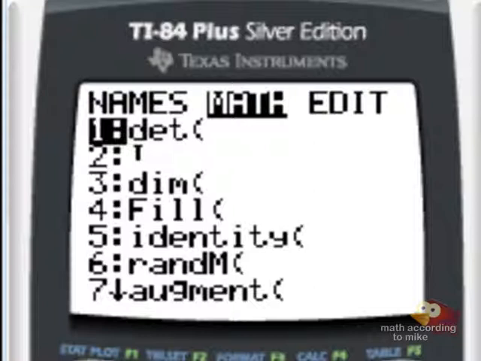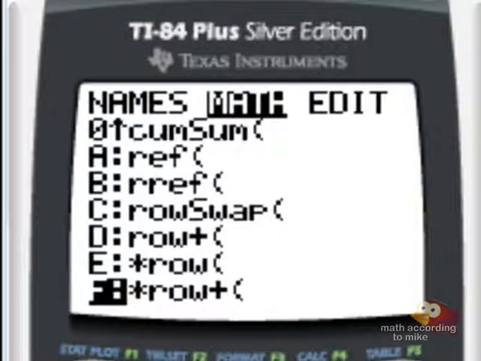I wonder what DET stands for. Determinant. How weird. If you scroll up, you'll notice these guys right here, row swap, row plus, star row plus, are your elementary row operations. So you could use your calculator to do those. It is good if you have fractions.